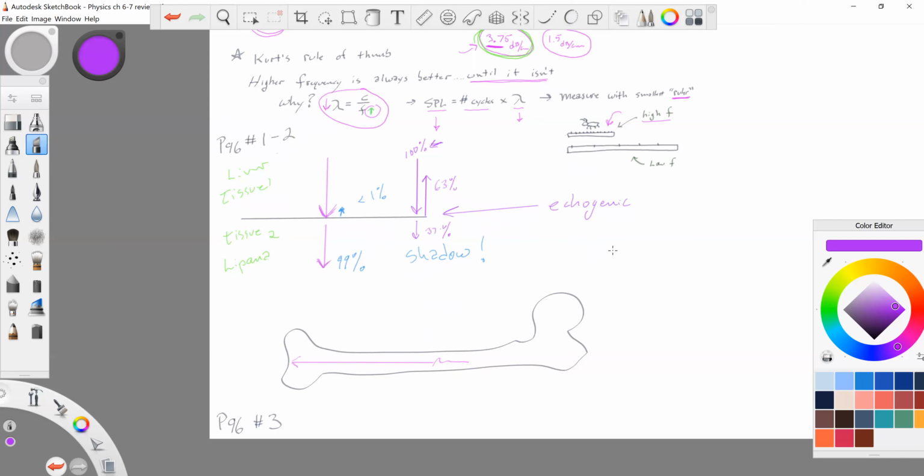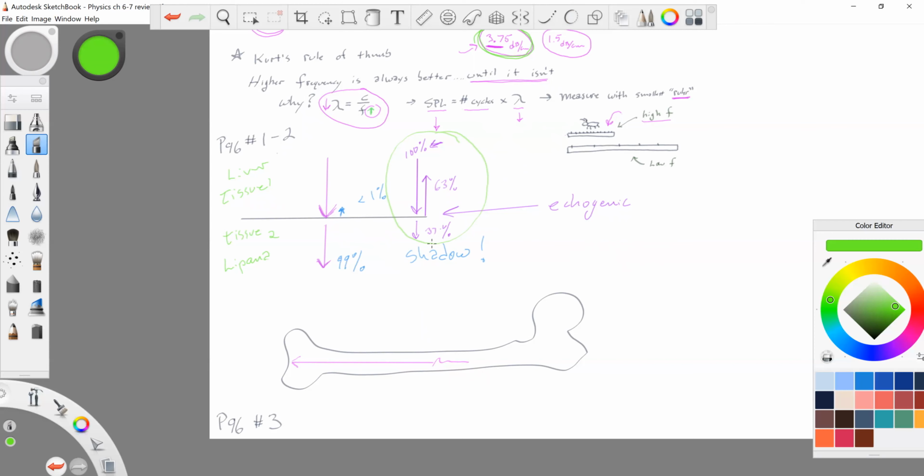I mean, obviously, some of it is going to leak out in places, but if it starts in soft tissue, it tends to stay in soft tissue. If it starts in air, it tends to stay in the air. It stays in its own impedance. It cannot jump impedance, as we see right here. It doesn't really like going into a different tissue if the impedance difference is very large.